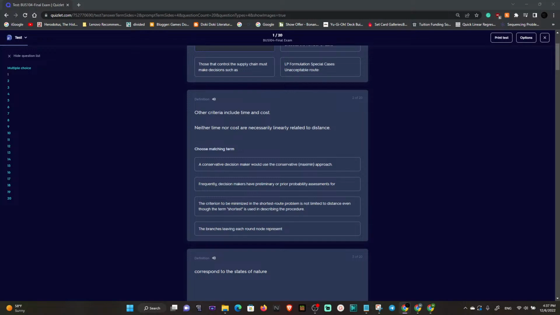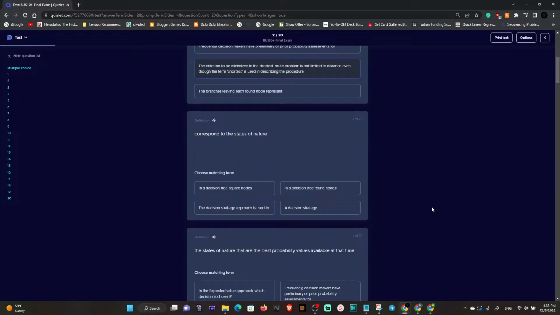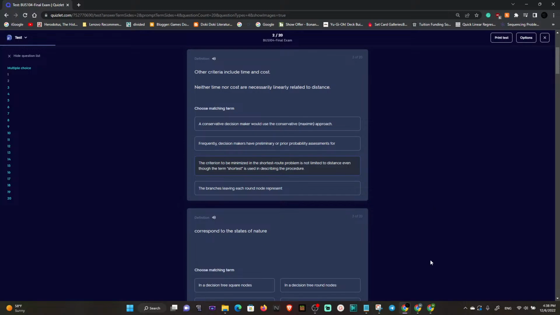Okay. C. The criterion to be minimized in the shortest route problem is not limited to distance. It's C, by the way. Good.